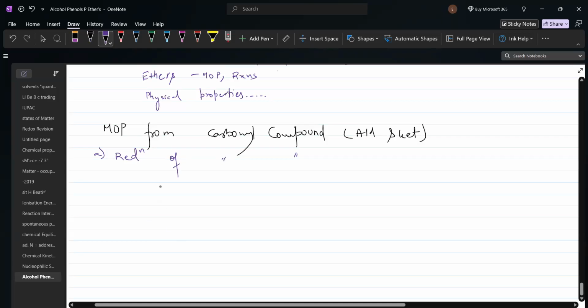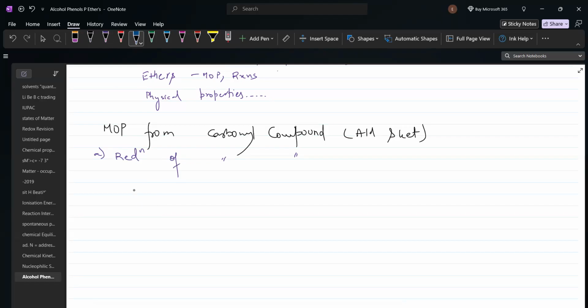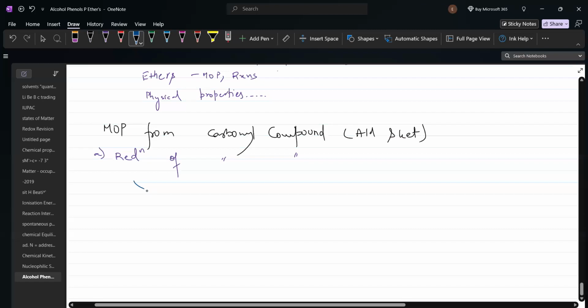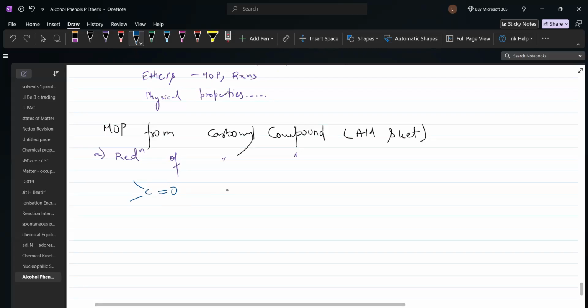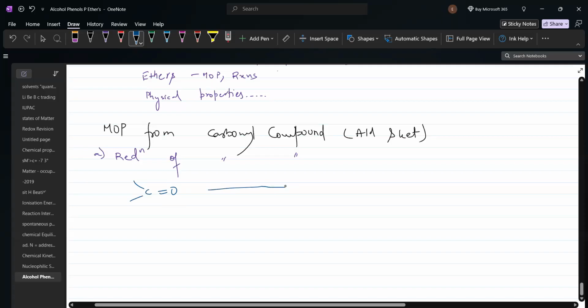Let's see the general reaction. We have an aldehyde or ketone, and we use some reducing agent.